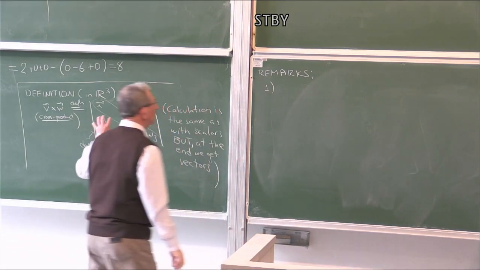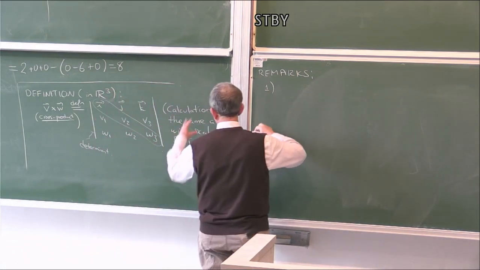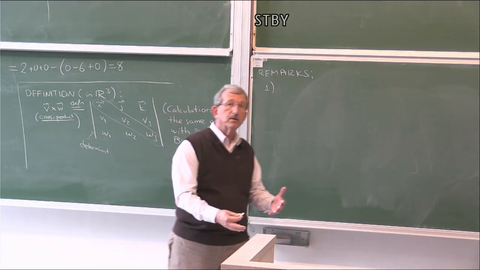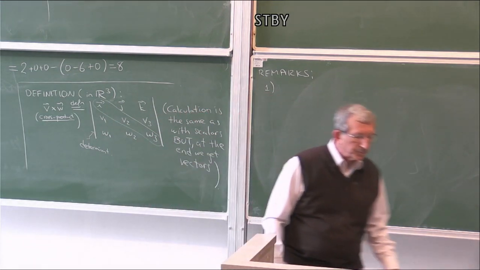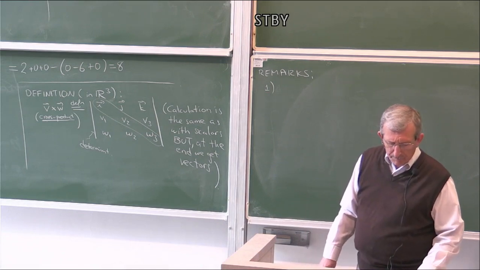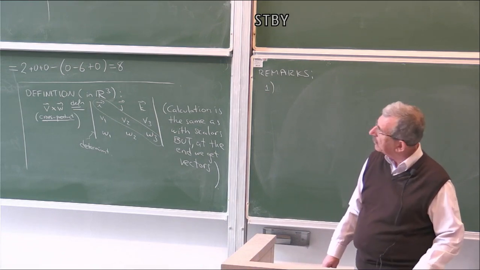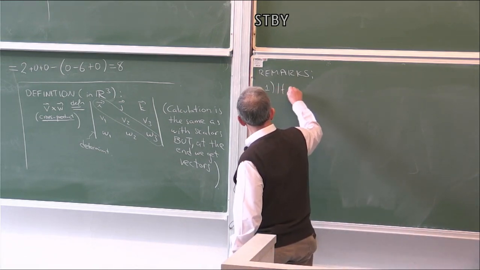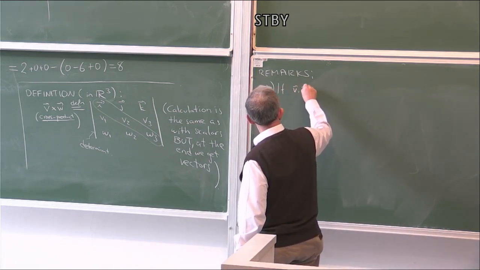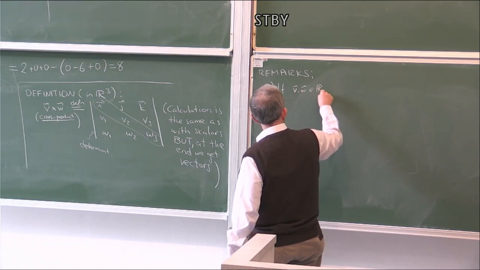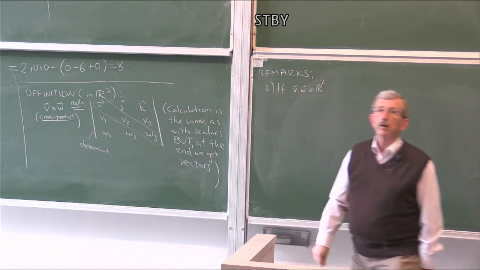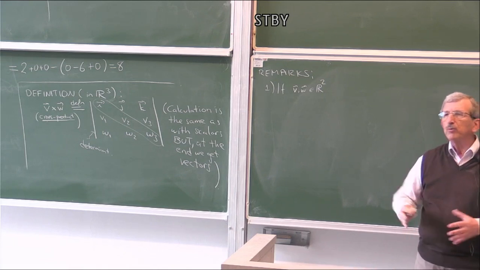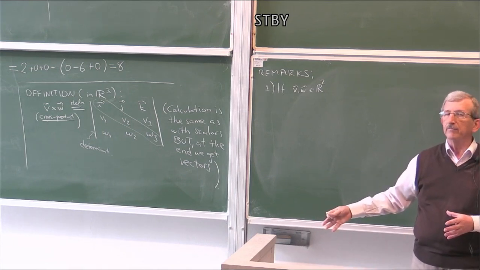Firstly, the outcome is a vector, as I already stated here. So it's called a vector product as well. Secondly, if we have two vectors in R2, we can think of them as vectors in R3 by putting an extra 0 at the end.